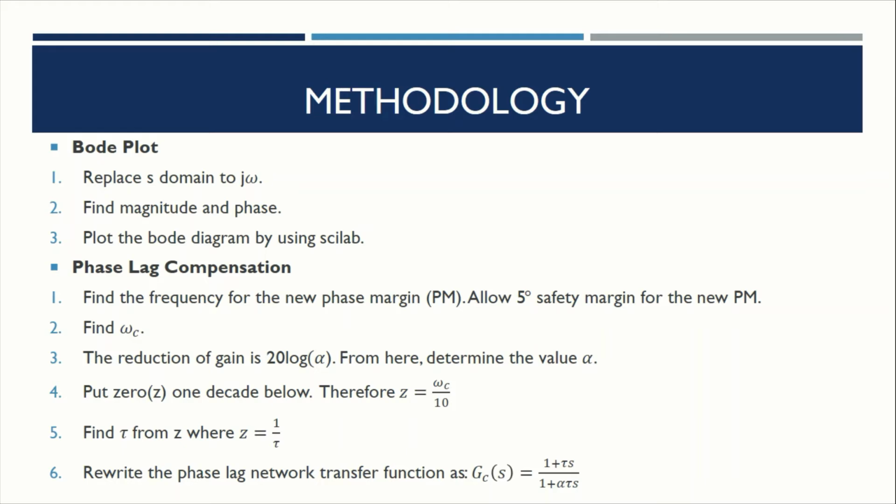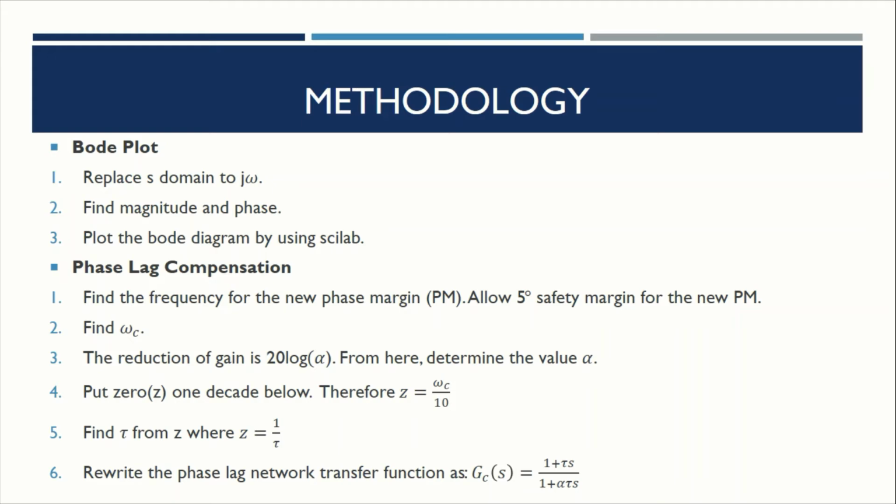After that, we put the zero, known as Z, 1 decade below. Therefore, Z is equal to the gain crossover frequency, omega c, over 10. Continuing, we can find the value of tau from Z, where Z is equal to 1 over tau.